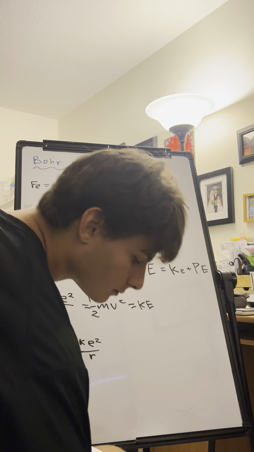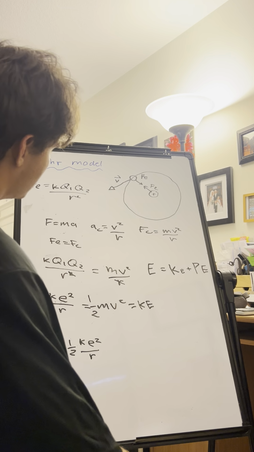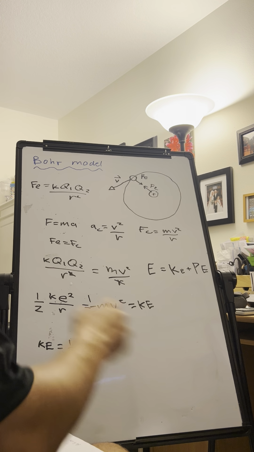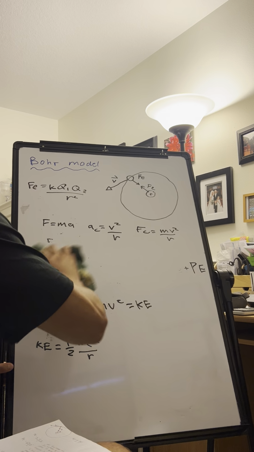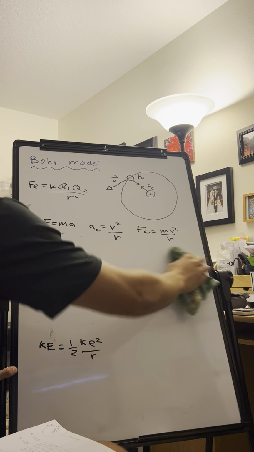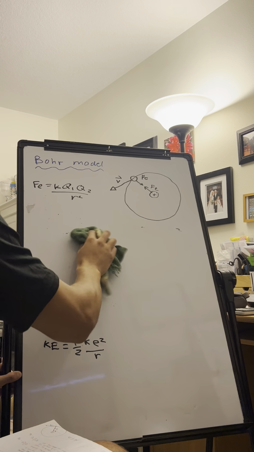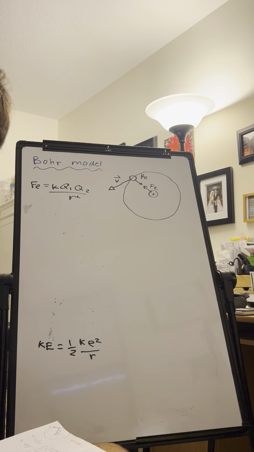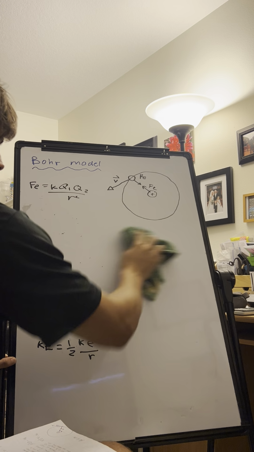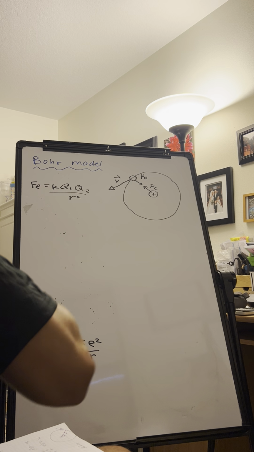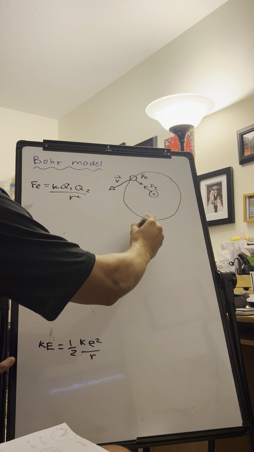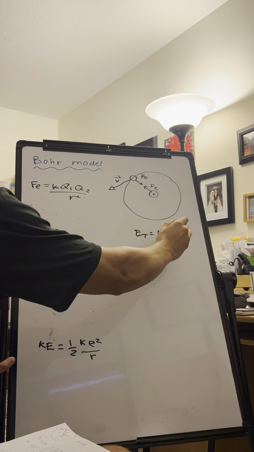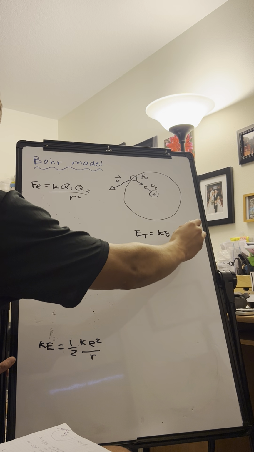Now, the next step also comes from electromagnetism. Remember, the total energy of the system is equal to its kinetic energy plus its potential energy.